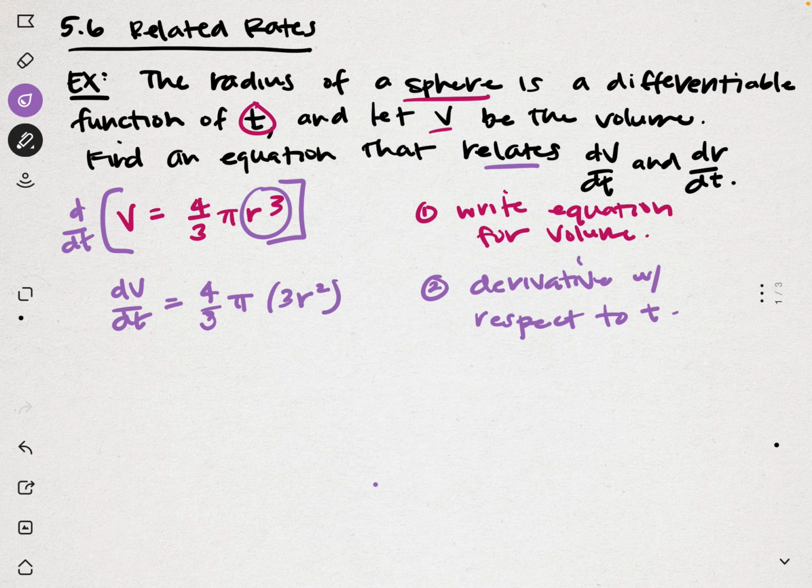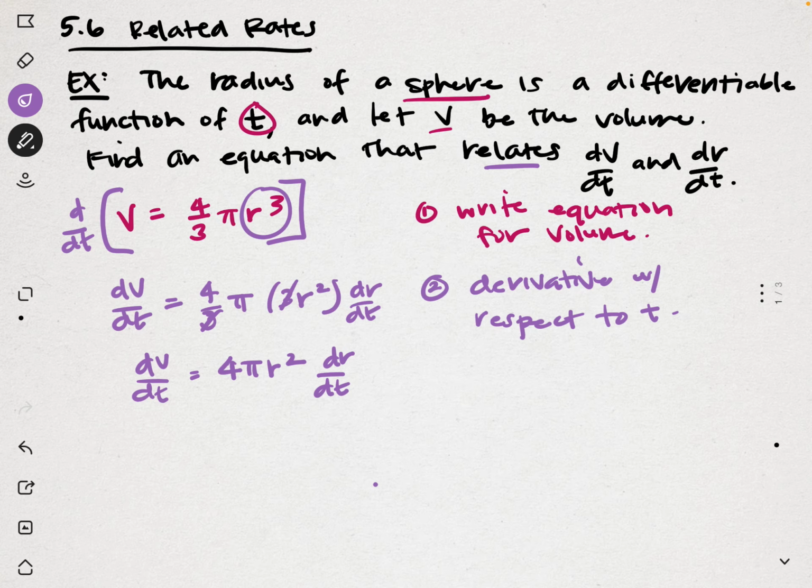And because r is not a t, we have to make sure we chain that, so we have to do dr/dt. Okay, so let's clean this up a little bit. So we have dv/dt equals 3, and this divided by 3 can cancel because it's all one big multiplication. So we have 4 pi r squared dr/dt, which interestingly enough has the formula for surface area, 4 pi r squared.